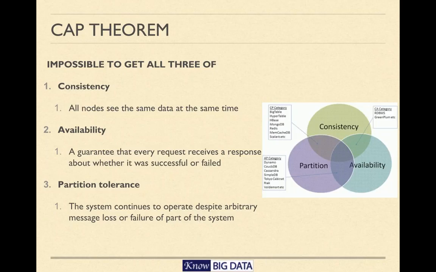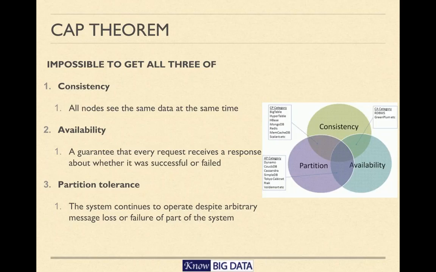What does consistency mean? Consistency means that if there are many users accessing your database from many different places, all those users who are accessing your data should see the same data at the same time. Sounds easy.